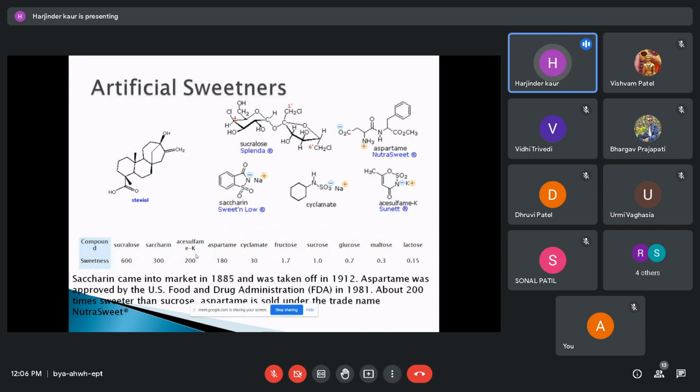Another important one, which is now very much in the market, is sucralose. These are artificial sweeteners, but out of these only sucralose comes under the category of carbohydrates. Let me tell you, this is the only one. Splenda is also its trade name.